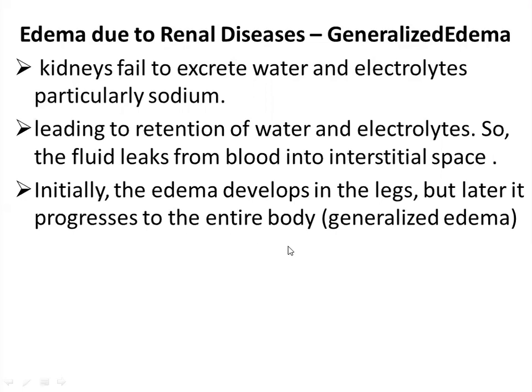That is called generalized edema, right? So in renal disease, the kidney fails to excrete water and electrolytes, and the retention leads to fluid leakage from the blood into the interstitial fluid, right?